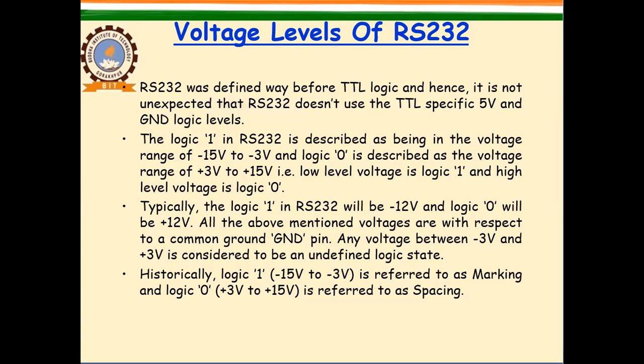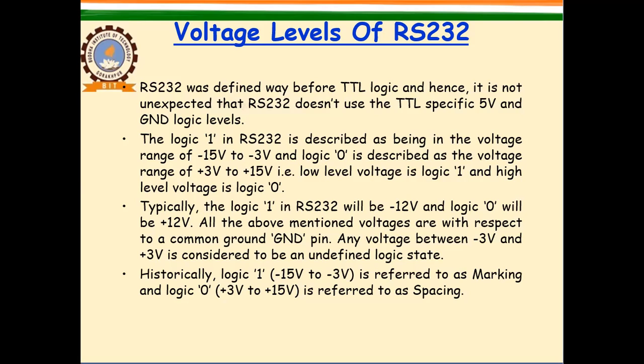So typically, if one exact value has to be taken for logic 0 and logic 1 in case of RS232, then logic 1 is at -12 volt and logic 0 is considered to be at +12 volt.